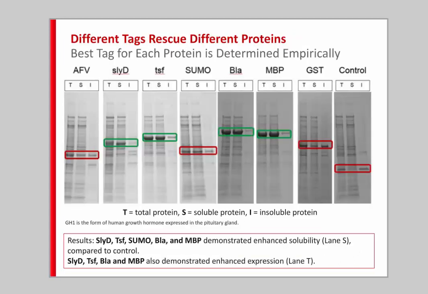And as another example, we have GH1, which is a form of human growth hormone. And again, in the control, we see very little soluble expression. But in this case, there were 4 tags here in green that really increased expression levels and solubility levels.